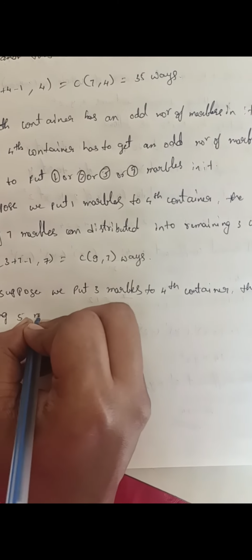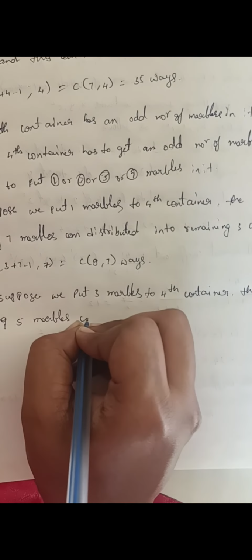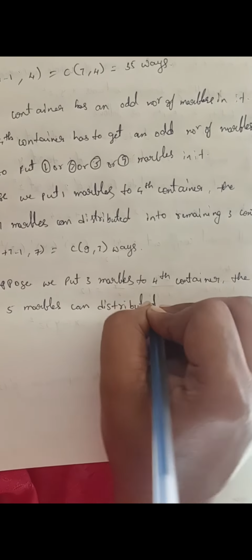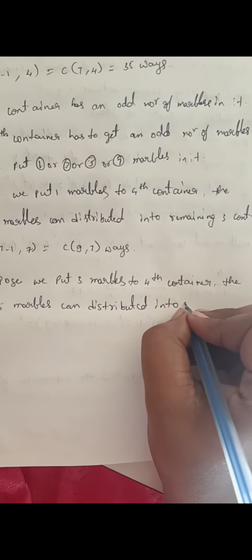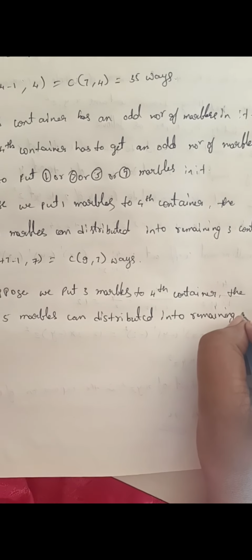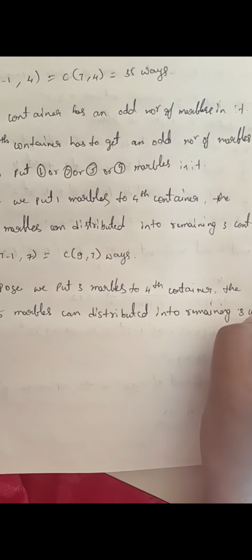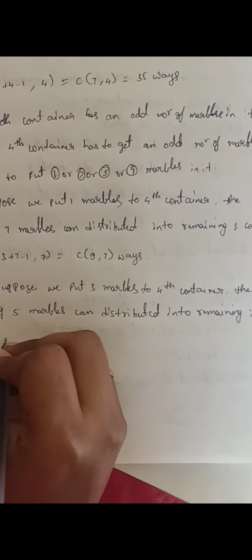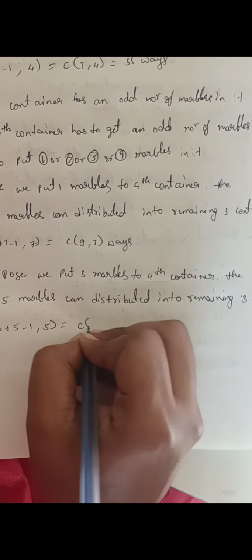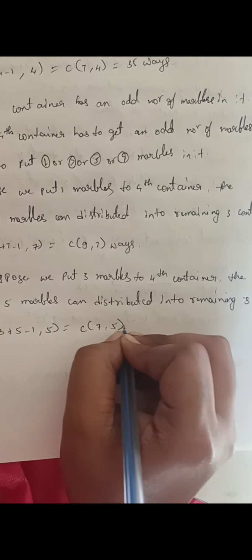The remaining 5 marbles can be distributed into the remaining 3 containers in C(3 plus 5 minus 1, 5), which is C(7,5) ways.